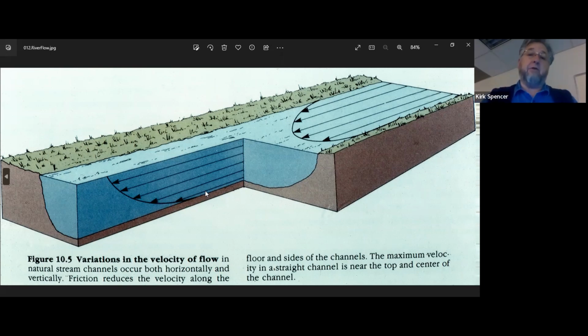And so what this demonstrates is that in a channel, the highest velocity is in the center of the channel, and the lowest velocity is along the edges of the channel, at the bottom and along the channel wall. The reason for that is simply due to frictional drag.